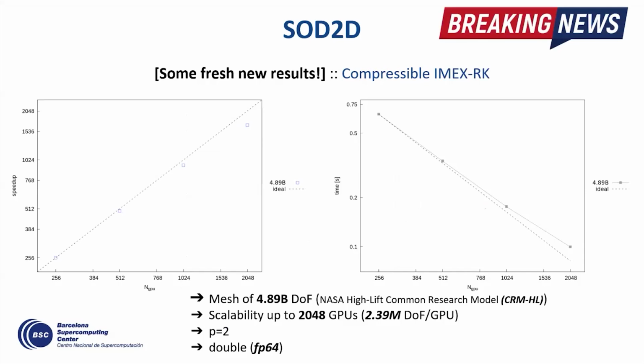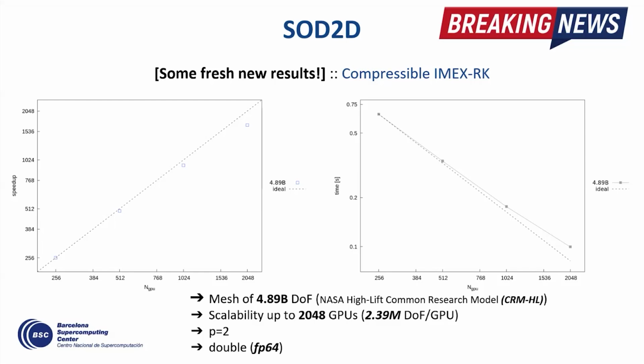And well, these are very recent results from the last week or the last few days. This is not a TGV case. This is a quite complex mesh from the NASA High-Lift Common Research Model. So it's a complex airplane. It's a mesh of almost 5 billion degrees of freedom, okay? And we were allowed to go up to 2048 GPUs.